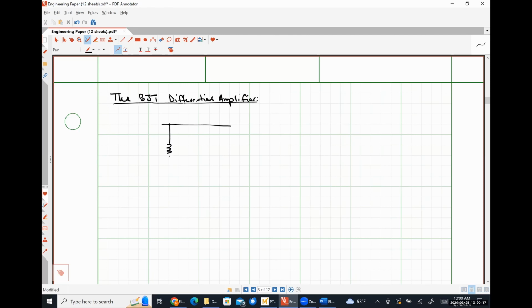So from here forth, we are going to assume that our RCs are going to be of the same value. So I'm just going to use RC to label both of them. So here's V out 1. Here's transistor Q1. Here's our input voltage VN1.